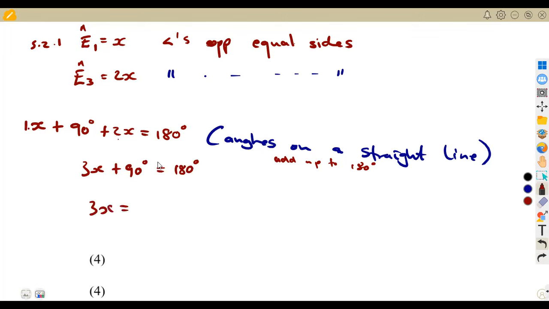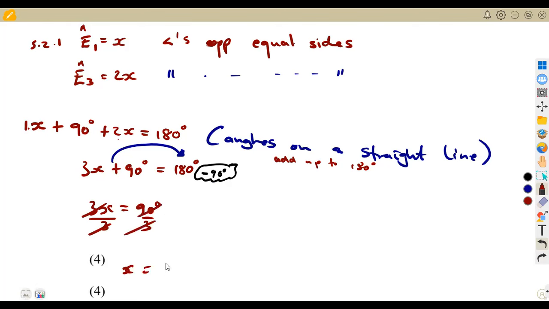So 3x is equal to 180 minus 90. If you transpose 90 to the other side, it becomes negative, so that is a minus 90 degrees on this side. 180 minus 90 is 90 degrees. You divide by 3 both sides to determine the exact value of x.